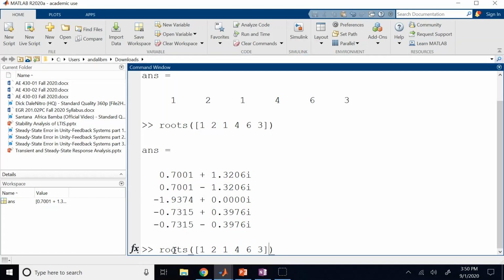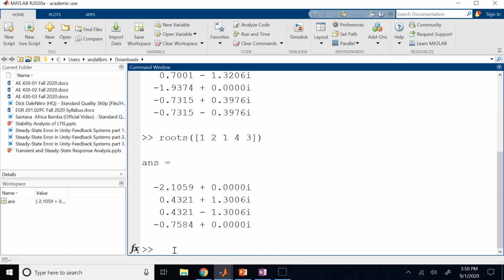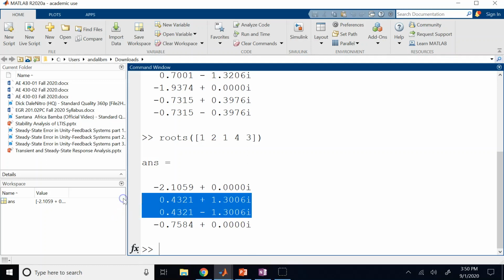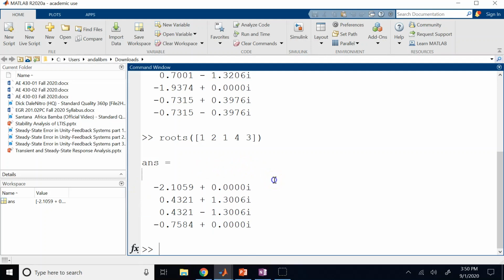Now, let's reduce the order to 4. Still you see it is possible for the system to have positive roots.